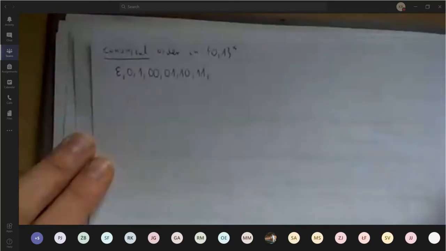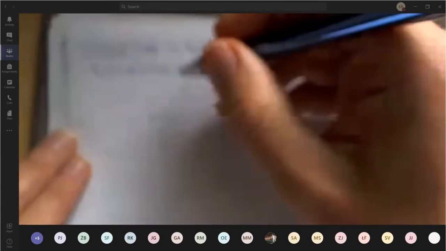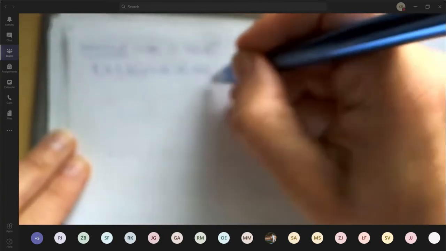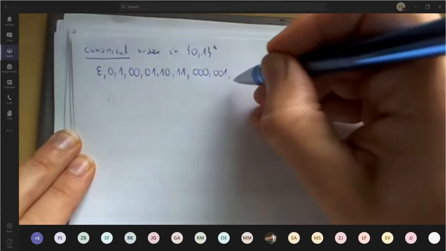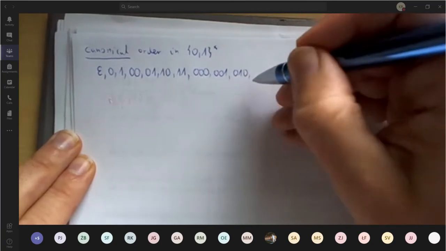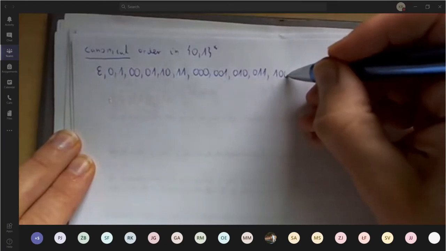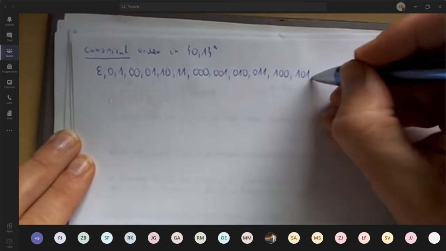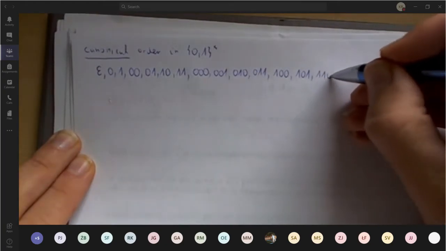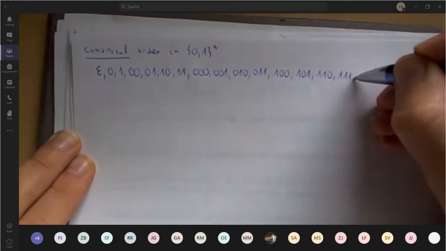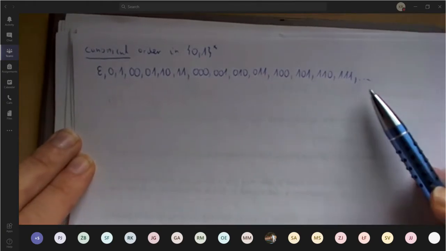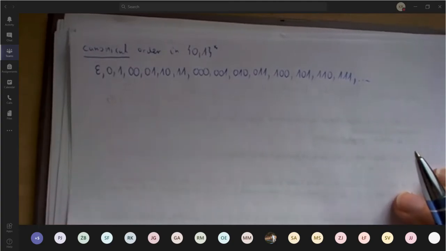Then all the strings of length 3: 000, 001, 010, 011, 100, 101, 110, 111, and so on. Now all the strings of length 4, and so on. So this is the canonical order, and we will use this order often.